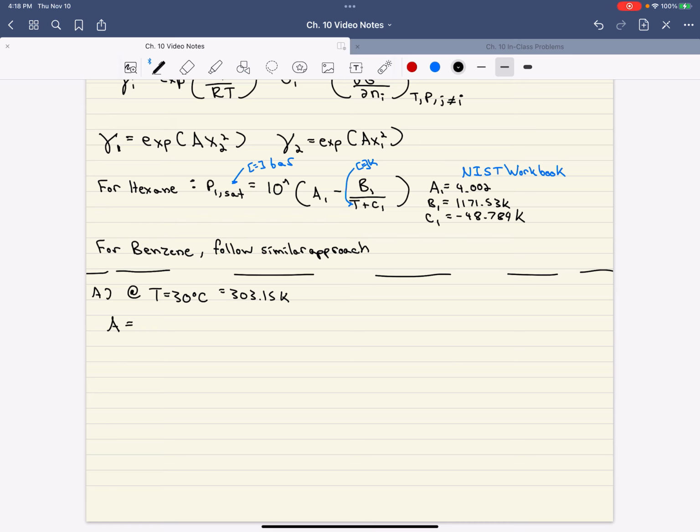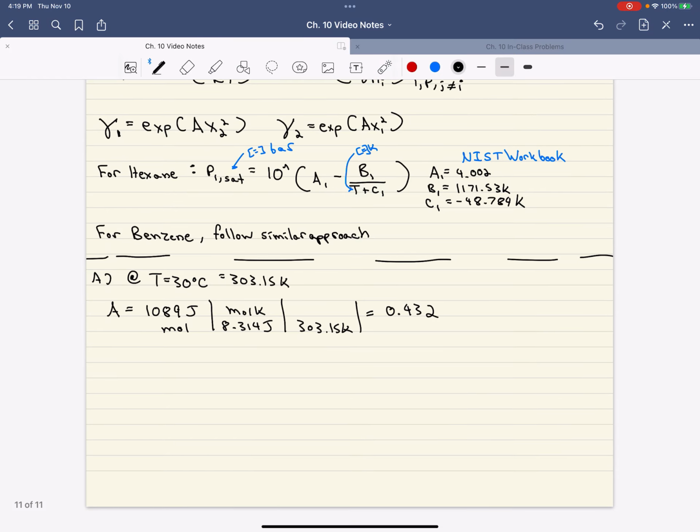So A is going to be A naught divided by RT. So A naught is this. R is this. And T is this. So at 30 degrees Celsius, our A value is 0.432.